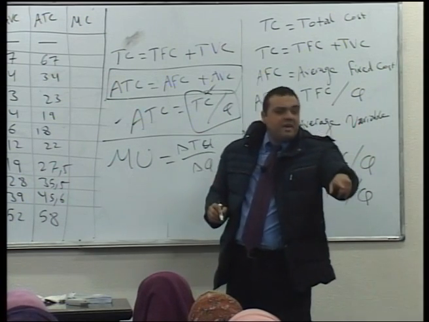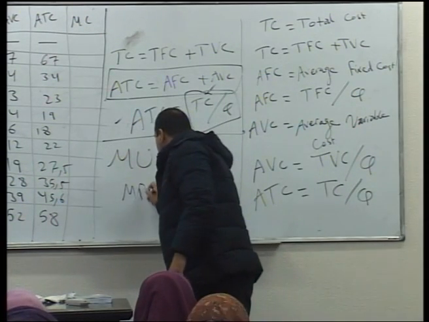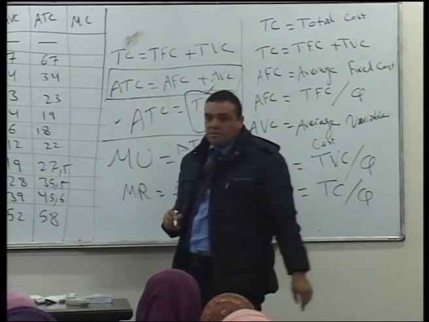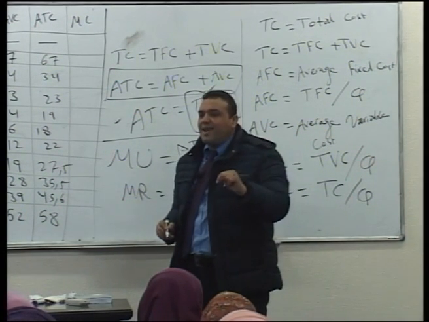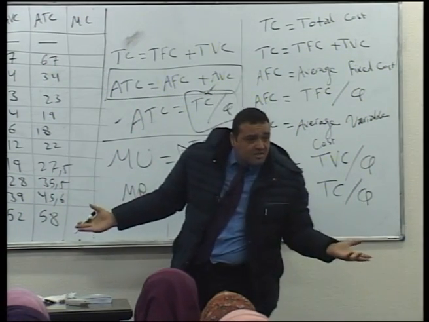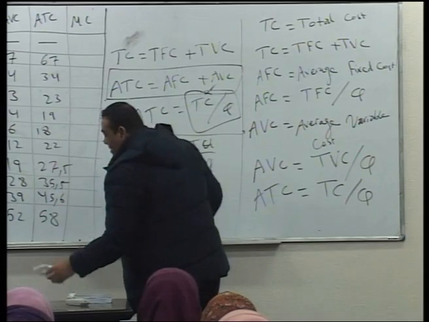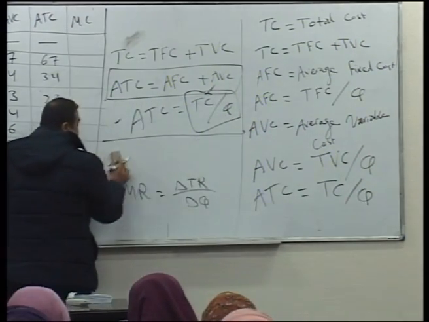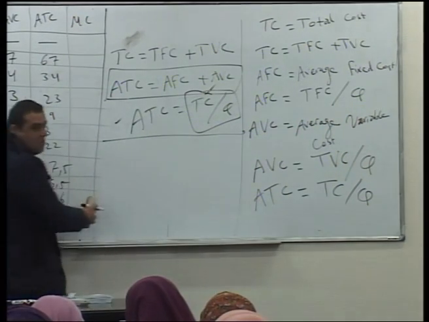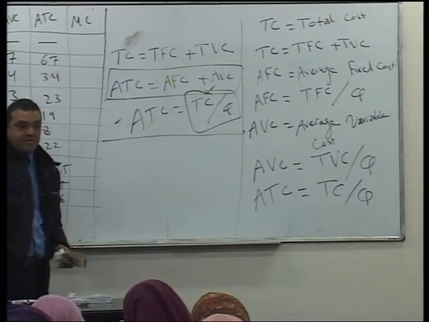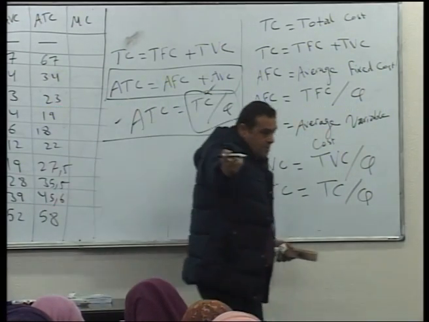What about the marginal revenue, MR? Change in total revenue over the change in quantity. What about the marginal production of labor? Change. What about the marginal cost? Exactly, yeah. So the marginal cost is the change in total cost over the change in quantity produced, the same as the marginal utility, the marginal revenue, and the marginal production of labor.